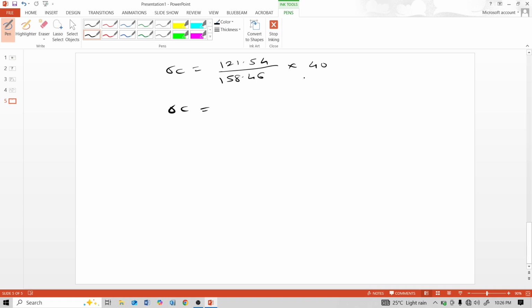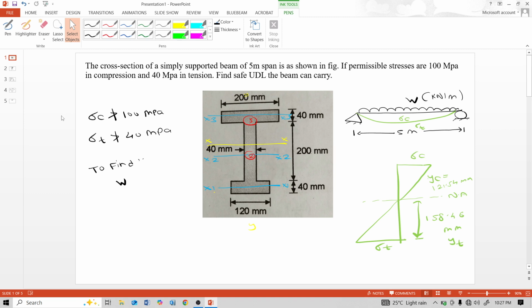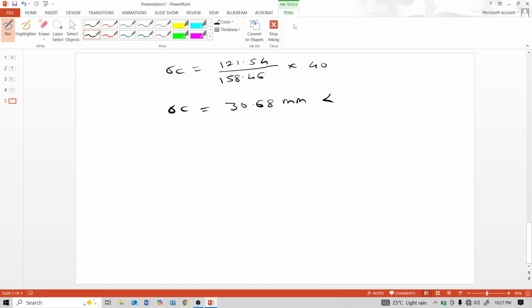So calculate 121.54 into 40 divided by 158.46. 30.68 is sigma C, and it is less than this 100 MPa maximum allowable compressive stress. That means this section is safe, and this sigma C unit is not mm, it is in MPa. Therefore, okay.